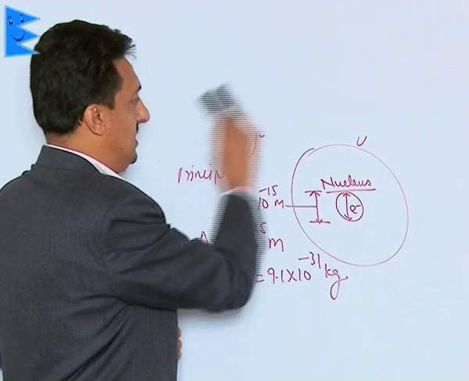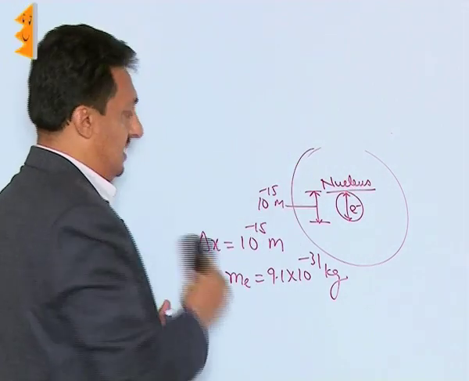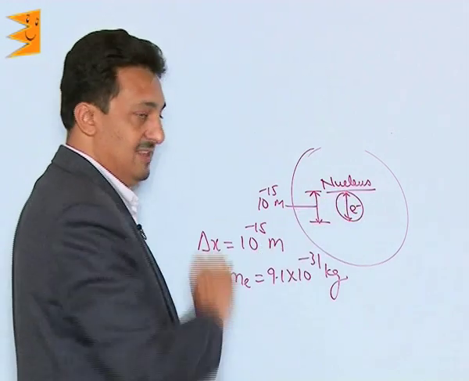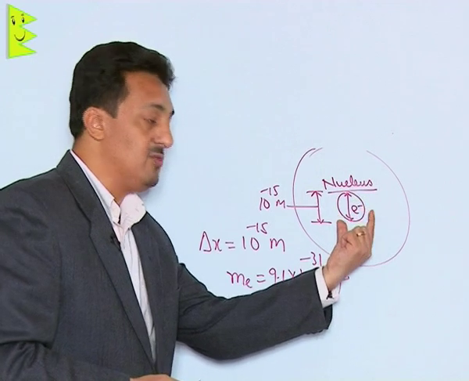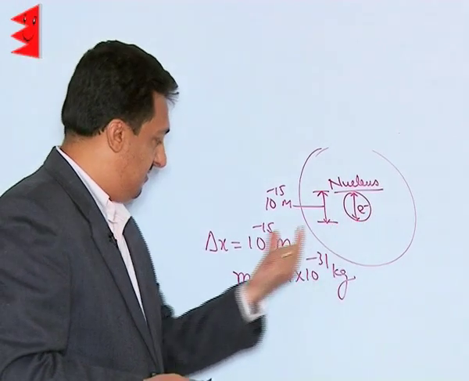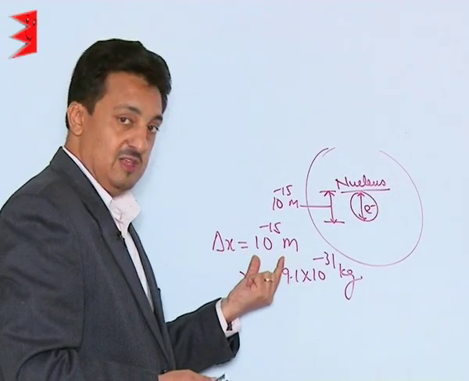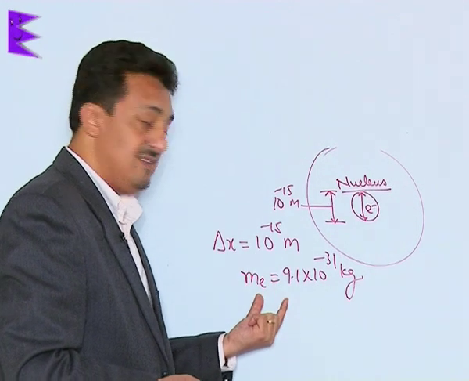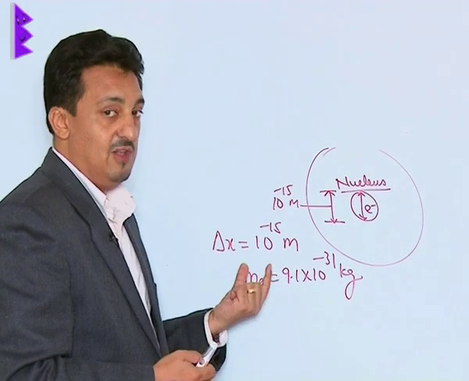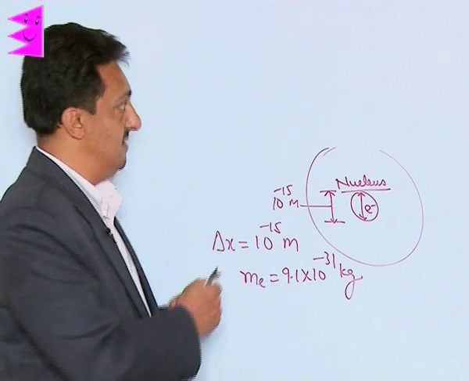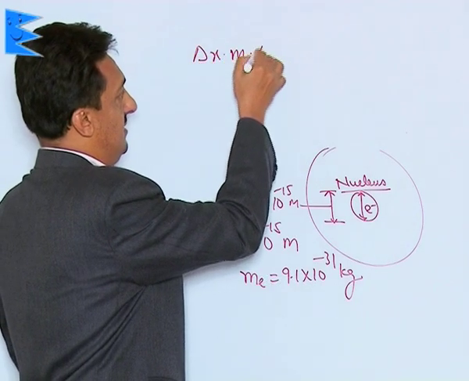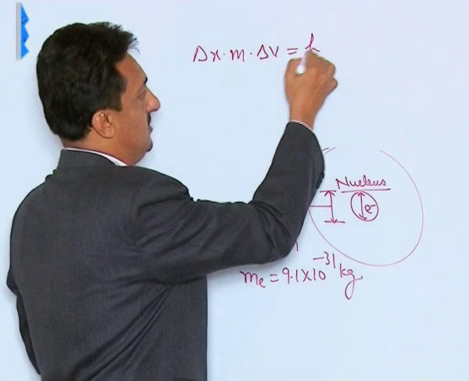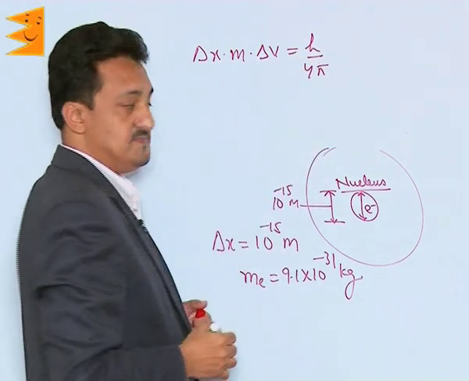Now, once we assume that the electron is existing inside this nucleus, the uncertainty in its position will be equivalent to the size of the nucleus, which is 10 to the power minus 15, 1 Fermi, and its mass is this much. Let us find out the uncertainty in its velocity. We know the formula, delta x m delta v equal to h over 4 pi.